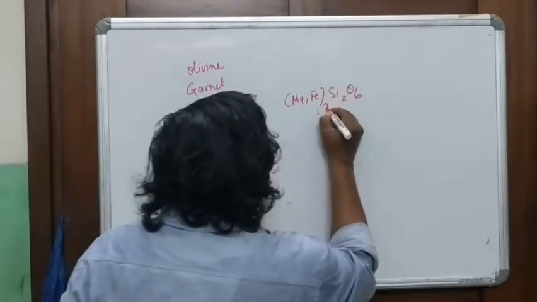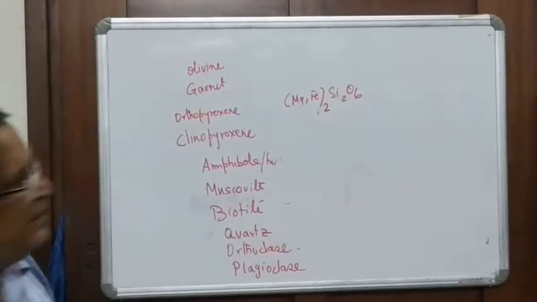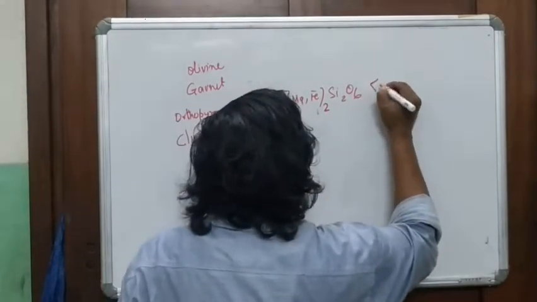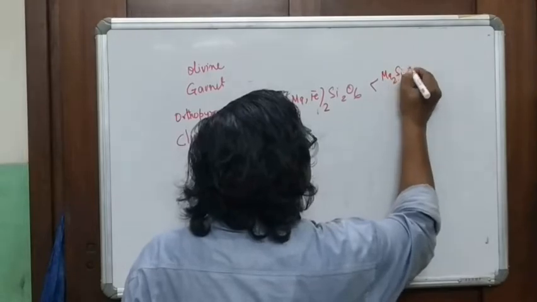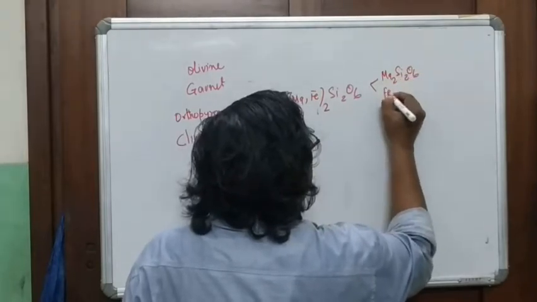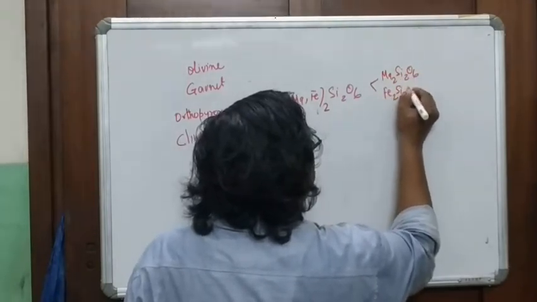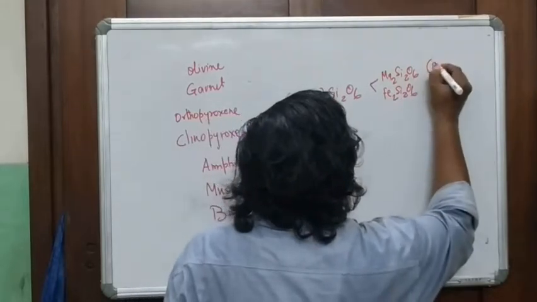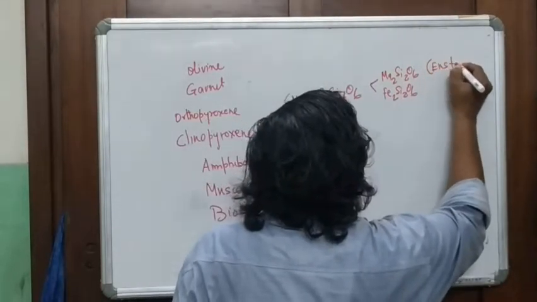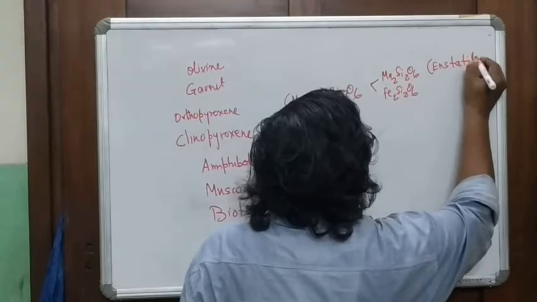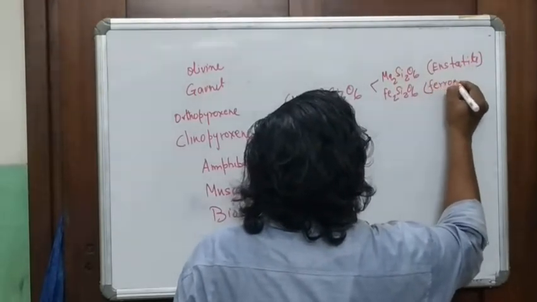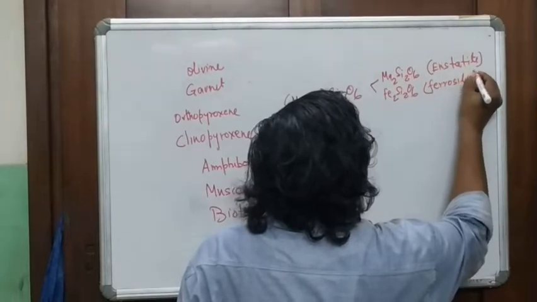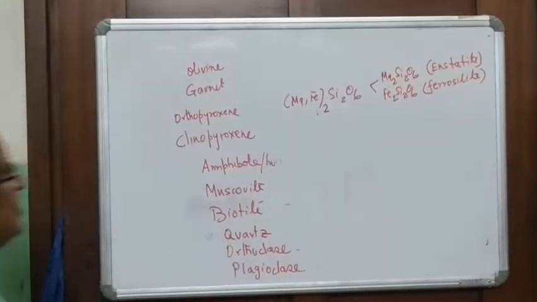This is balanced by magnesium and iron. And it has 2 end members: Mg2Si2O6 is called enstatite, and Fe2Si2O6 is called ferrosilite.